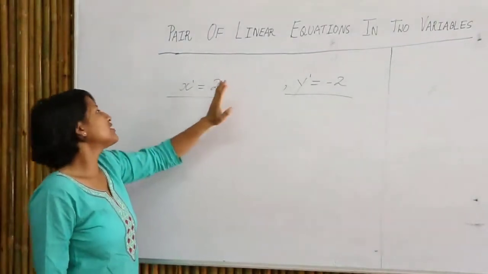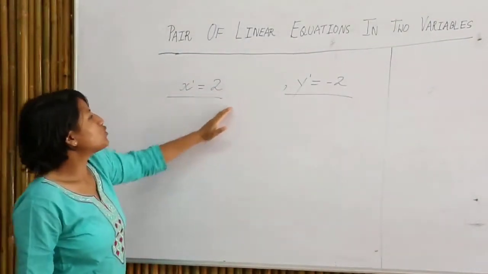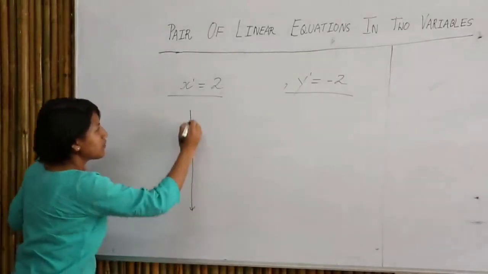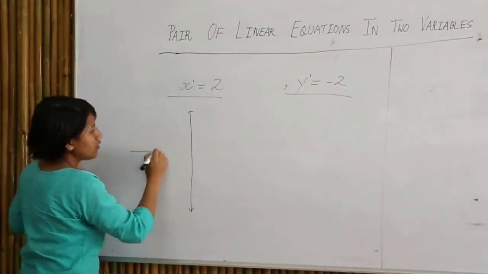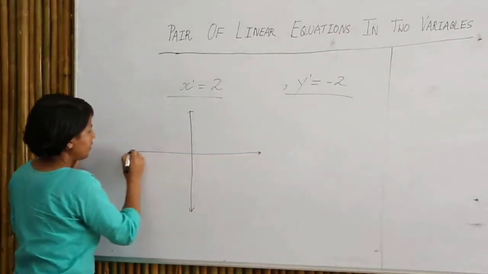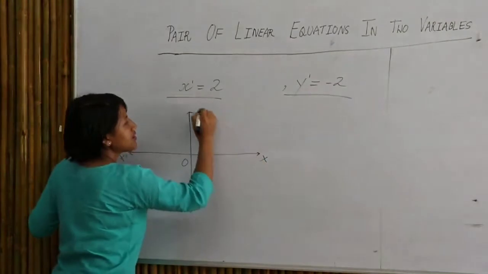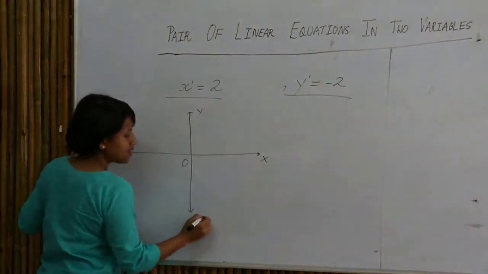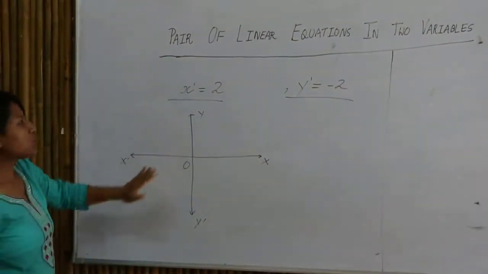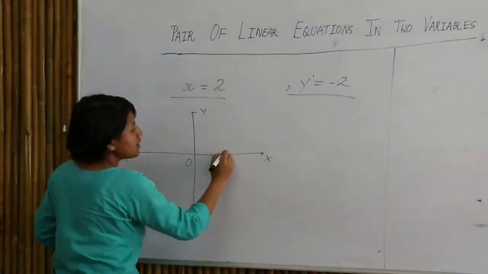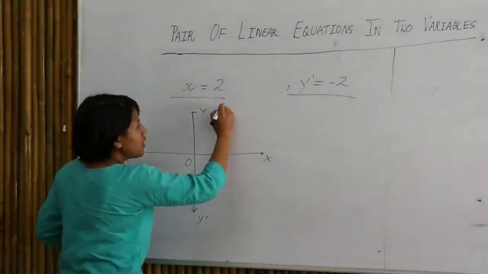Now we'll check first x equal to 2, graphically. This is the x-axis and this is the y-axis. Now x equal to 2. Here is 1 and then 2.